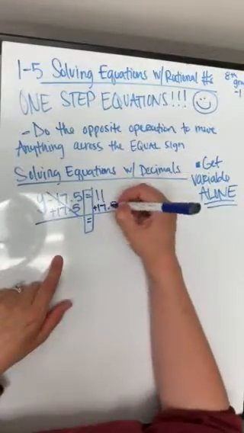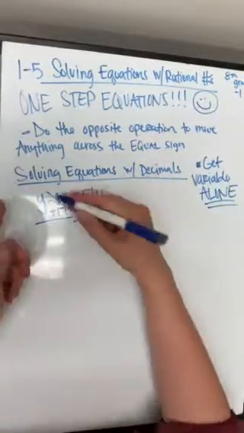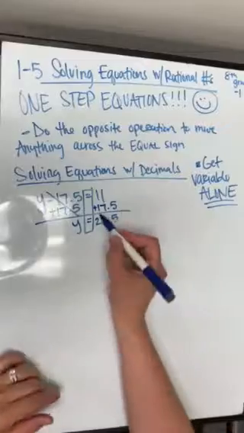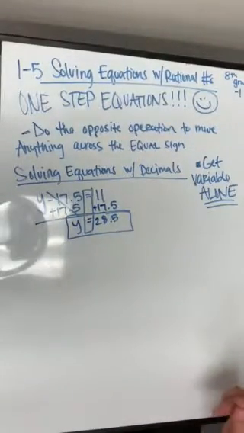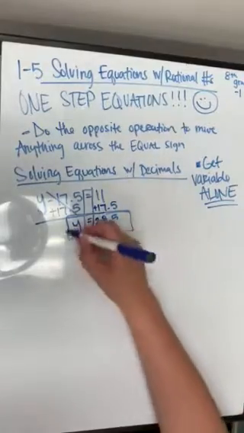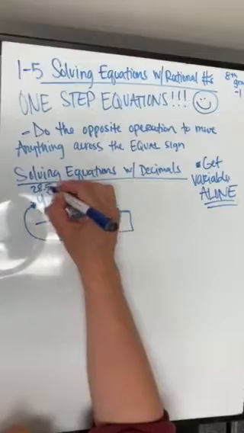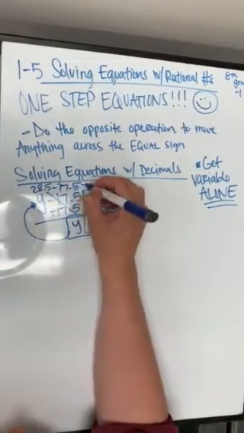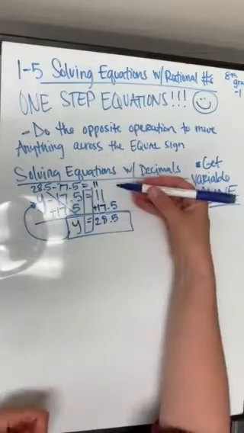So add 17.5, what you get is 28.5. Over here, all we have left is y, so we know that y is equal to 28.5. If we substituted what we got back up in here, you guys would see 28.5 minus 17.5 is equal to 11. It makes the equation true.